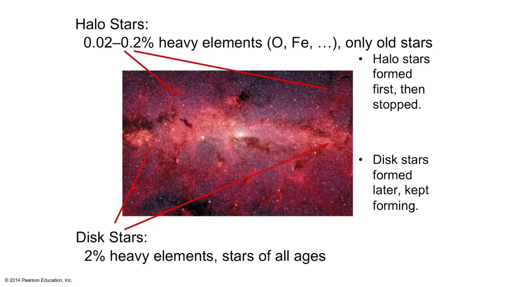The halo formed first, and then star formation stopped in the halo, and you still have this old population of stars there. The disk stars formed early there, but they've kept forming, and they're still forming today. And so you have many more subsequent generations for the chemical abundance of these heavy elements to enrich the disk of the galaxy, and we see that in the stars today.